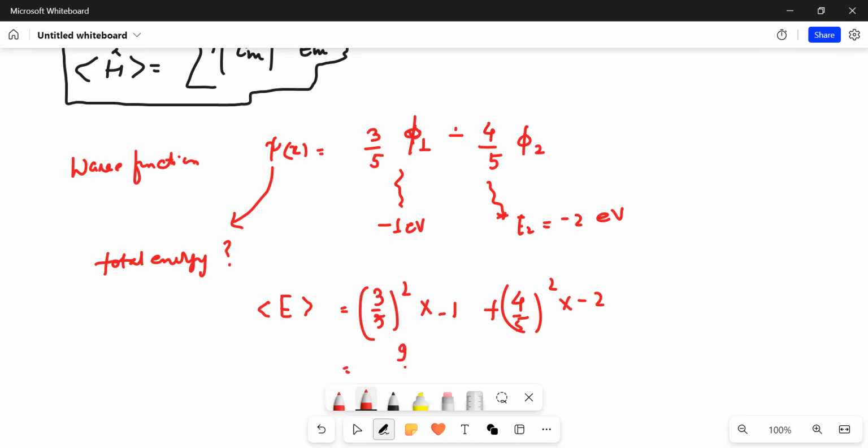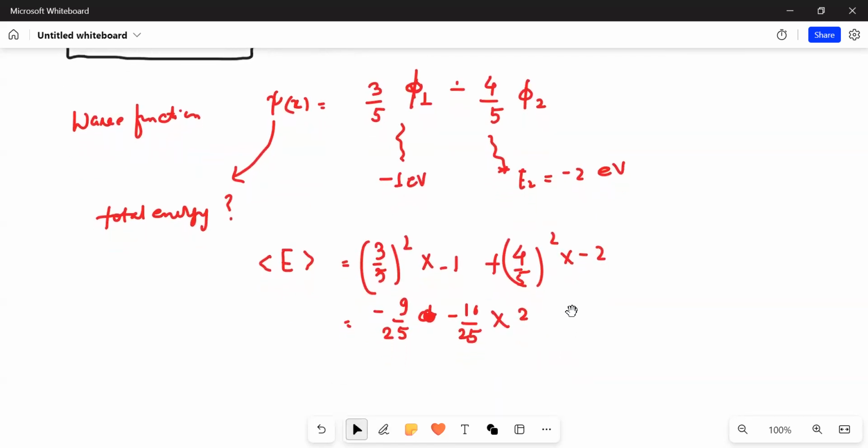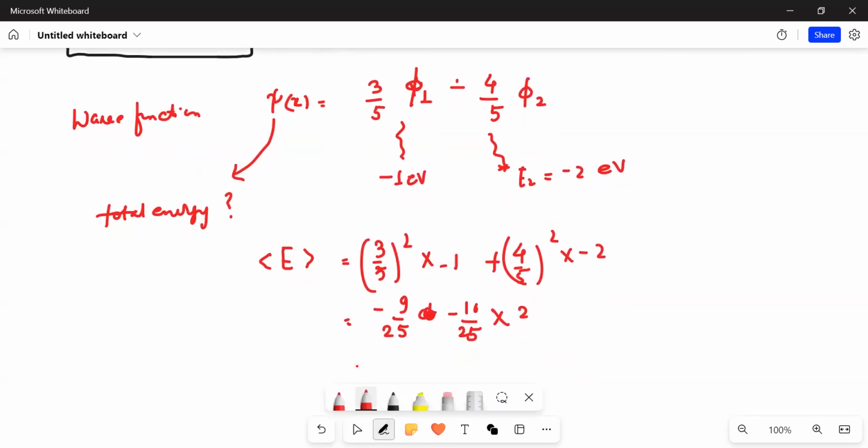So this would be -9 by 25, and then minus 32 by 25, which gives minus 41 by 25 electron volt.